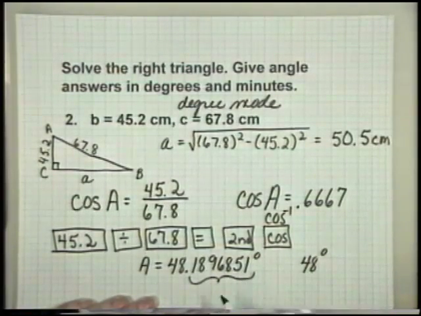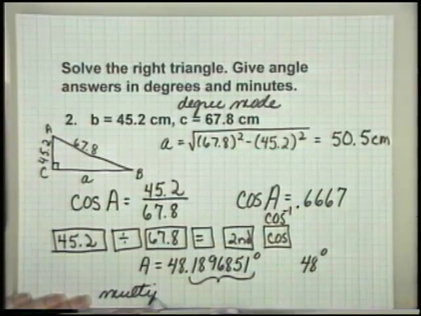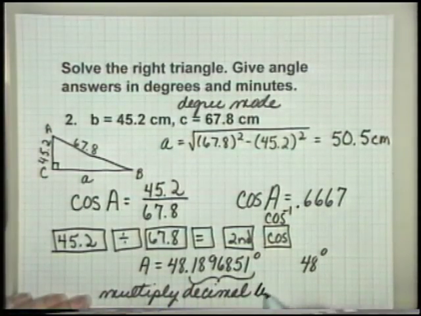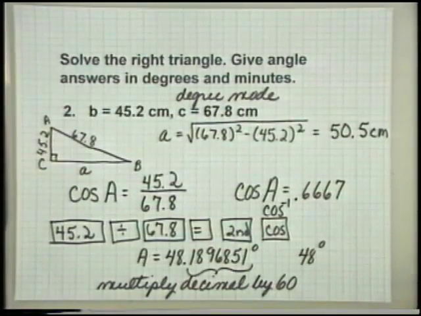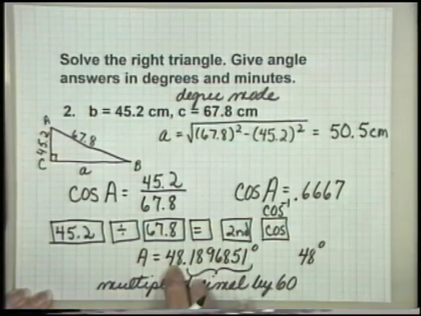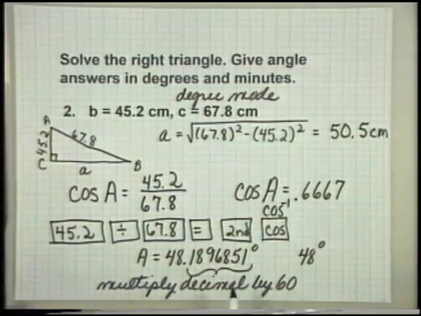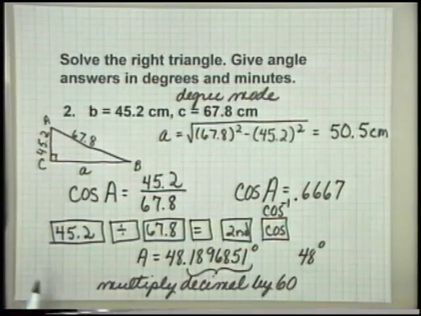What you do is take this decimal part and multiply by 60, because there are 60 minutes in 1 degree. Usually I just leave this number in my calculator and subtract the whole number of degrees off. I just subtract 48, and what you're left with is just the decimal, and that's the part you want to multiply by 60.